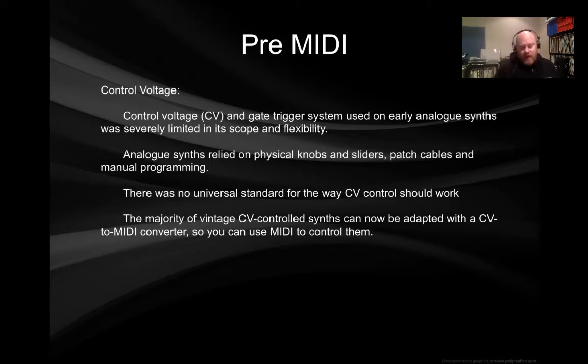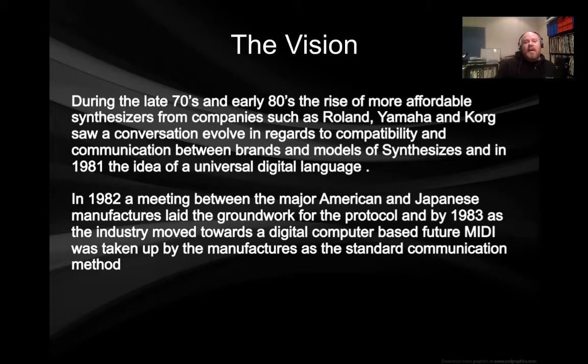Okay, so to move past this whole idea of CV and control, we needed to have a vision. And during the late 70s and the early 80s, the rise of more affordable synthesizers from companies such as Roland, Yamaha, and Korg, in particular, these were Japanese companies, saw a conversation evolve in regard to compatibility and communication between the brands and the models of synthesizers.